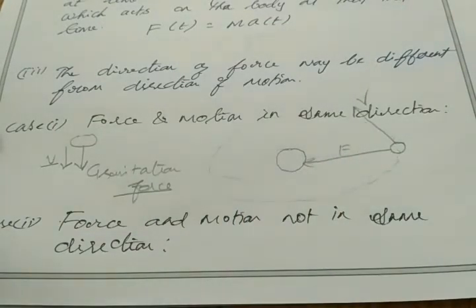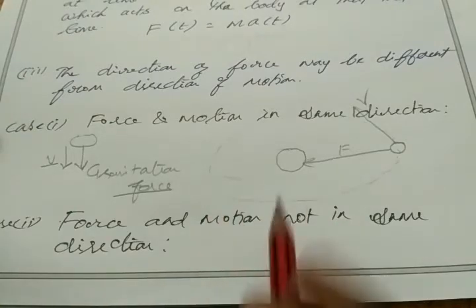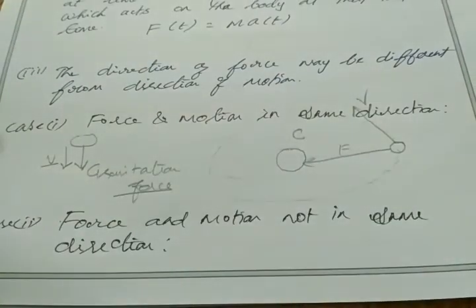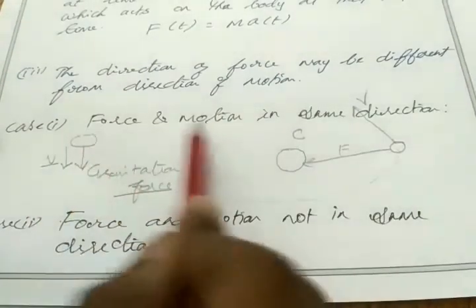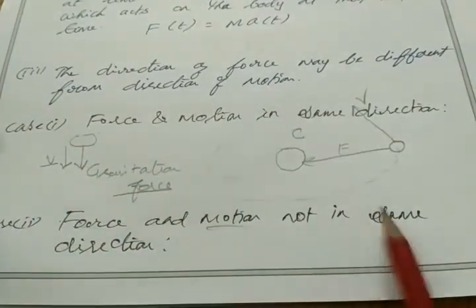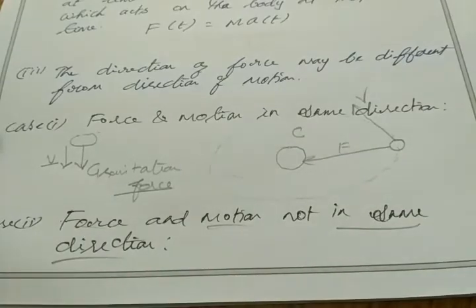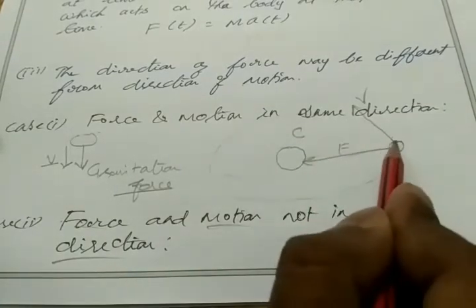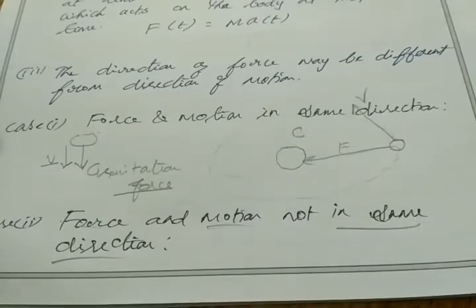The sun has the controlling force to keep the planets rotating in their orbits. That force is known as centripetal force. So here force and motion are not in the same direction. This is the direction of force and this is the direction of motion.